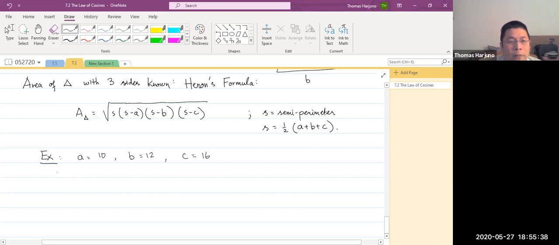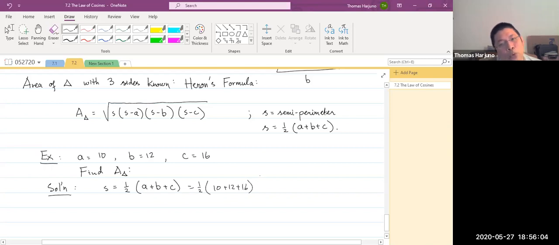So how to find the area? Solution. Find the semi-perimeter first. Semi-perimeter is 1/2 times the perimeter. 1/2 times 10 plus 12 plus 16. 38 divided by 2 is 19.